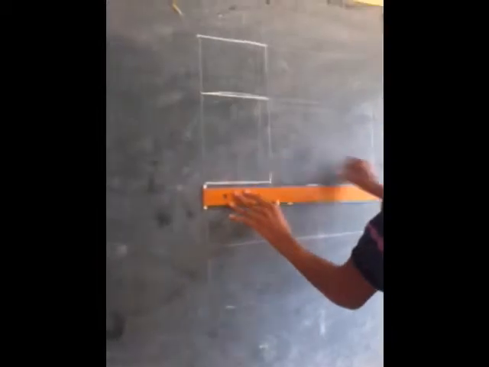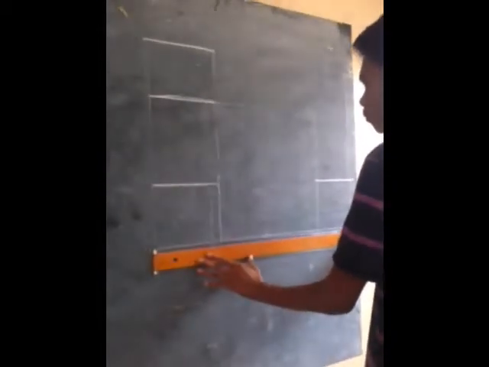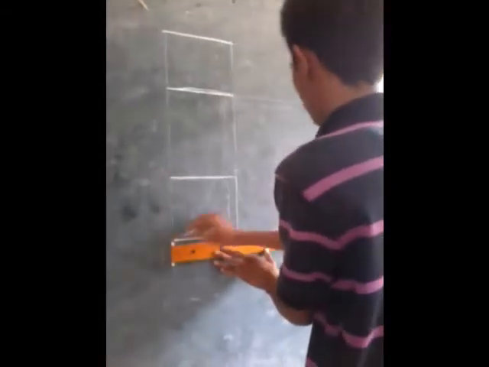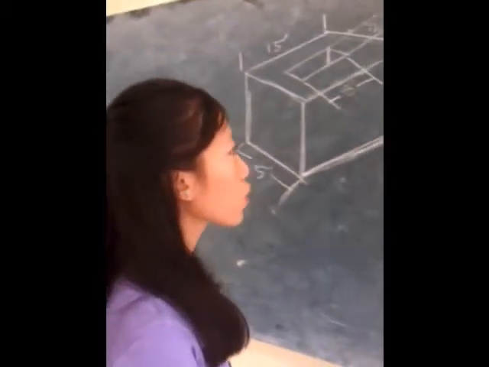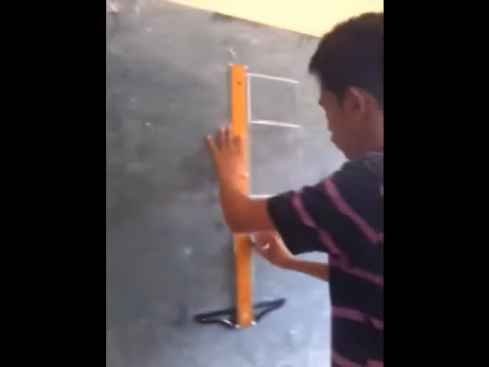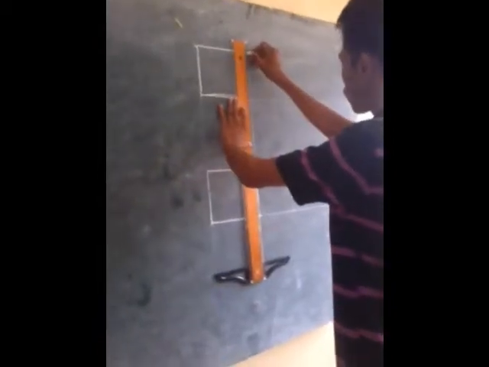Okay, that's good. And the fourth step is block in the views, meaning you draw vertical and horizontal lines lightly in order to know their relationship to each other.